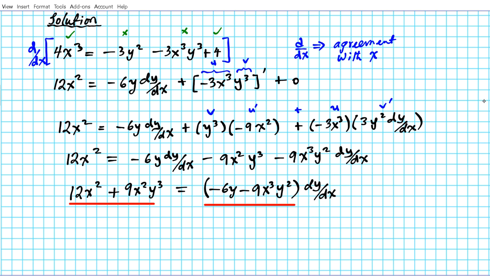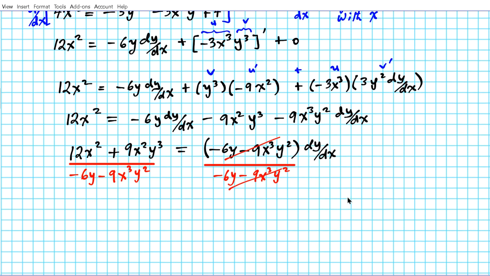So divide both sides of the equation by negative 6y minus 9x to the third y squared.